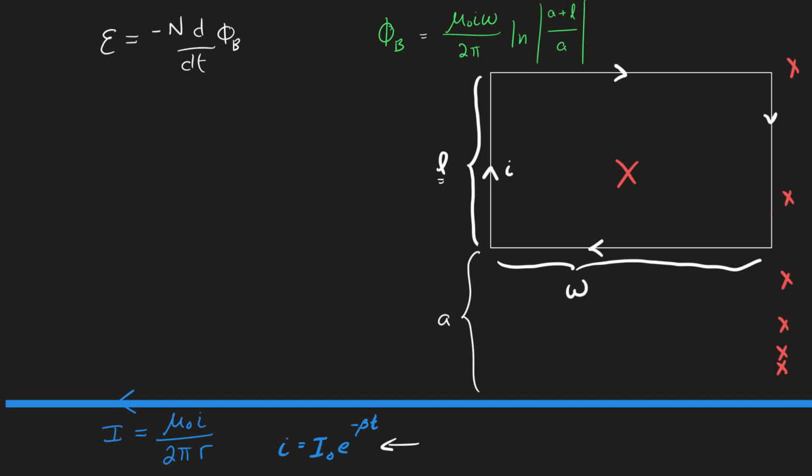Now let's find the value for the EMF. First, I'm going to go ahead and drop the N and drop the negative sign because both of those are handled. There's one loop and we handled the direction of our current. So we're looking at the rate of change with respect to time of mu naught. Now I'm not going to put I there. I'm going to put what I have for my expression for I. But for the moment, I'm just going to leave it blank, put all the other pieces that are here.